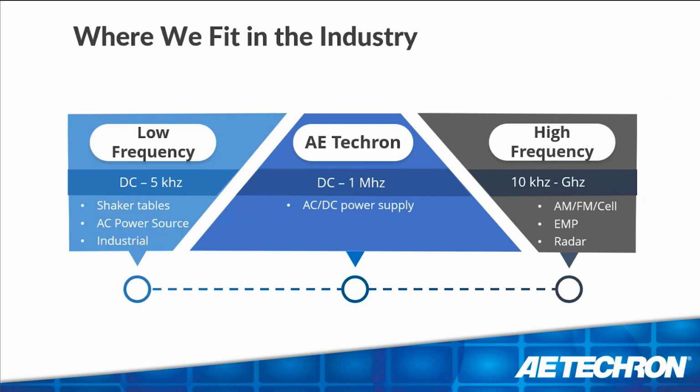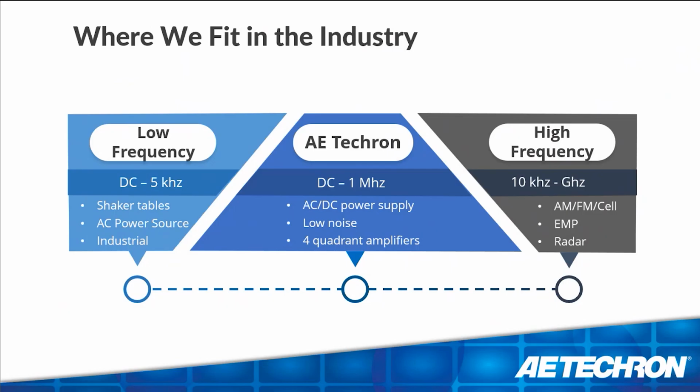There's hardly anyone in the world who can provide that kind of solution, and that's something unique about our products. They're also known for their very low noise, and they are all 4-quadrant amplifiers.